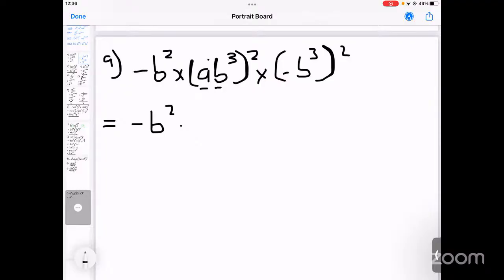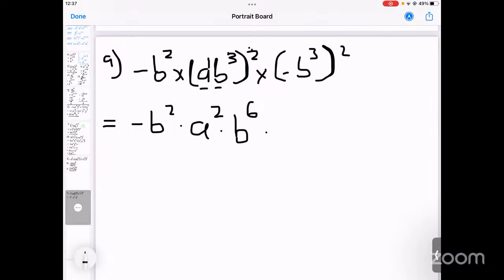Then you will multiply 2 exponents, meaning a to the exponent 1 times 2, which is 2. And then you have b to the exponent 3 times 2, which is 6. Can you see there, Manahil? Yes, sir.